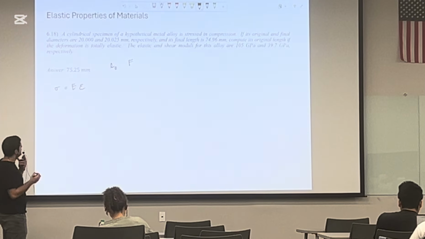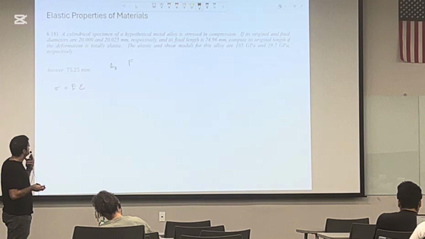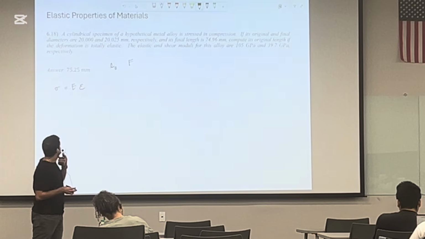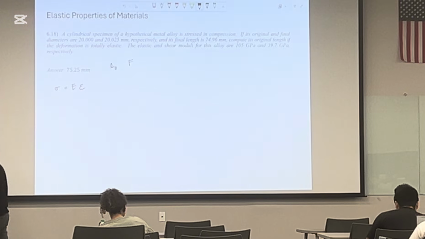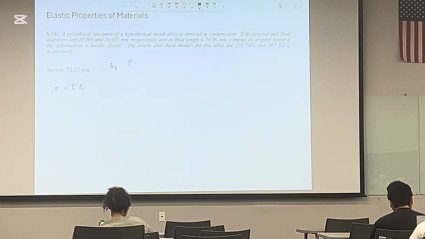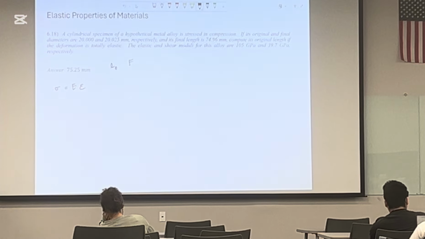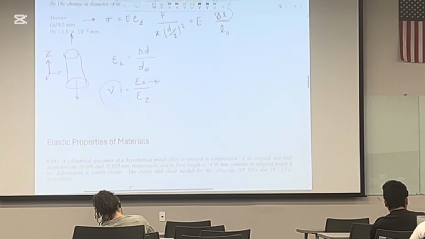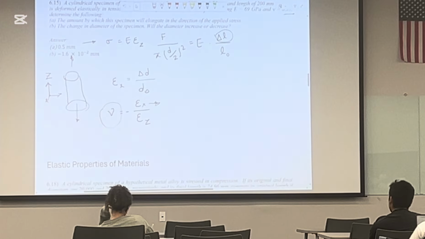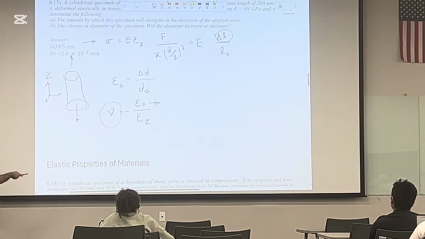But it gives you the initial and the final diameters, right? So it's kind of similar to the previous question. You can find the strain in the x direction, epsilon x. And how did we relate the epsilon? Well, it's kind of like reversing the previous question.